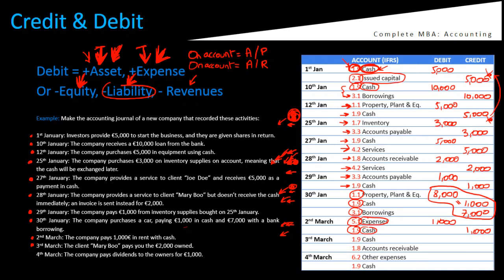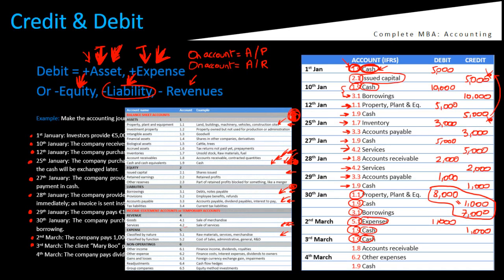The 3rd of March, the client Maribu finally pays you the 2,000 she owed you. So of course you see here an increase of cash. We remember that that's the 1.9 cash, and you see a decrease in the accounts receivable. That's an asset, so you write accounts receivable. That's the second one here.